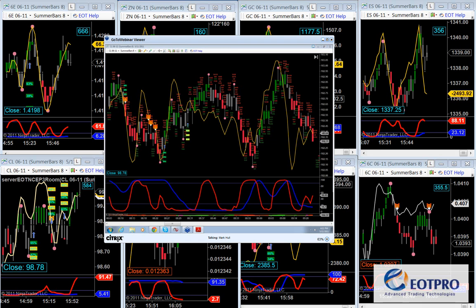So the system will get you in automatically, and you'll have the option to either run an active trade, advanced trade management through Ninja, or to use a simple indicator or a choice of indicators to manage the trade, based on what they provide for you. So EOTPRO is really working hard to make trading easier, not only for you seasoned veterans, but for some of the new people coming in, and apply the same methodology on this high probability trade.